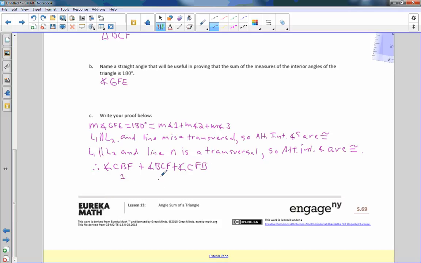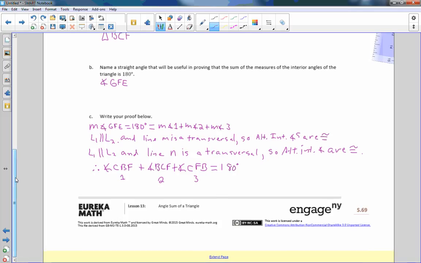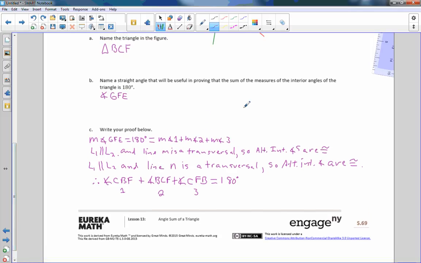This is angle 1, this is angle 2, and this is angle 3, equals 180 degrees, all because of alternate interior angles in straight lines.